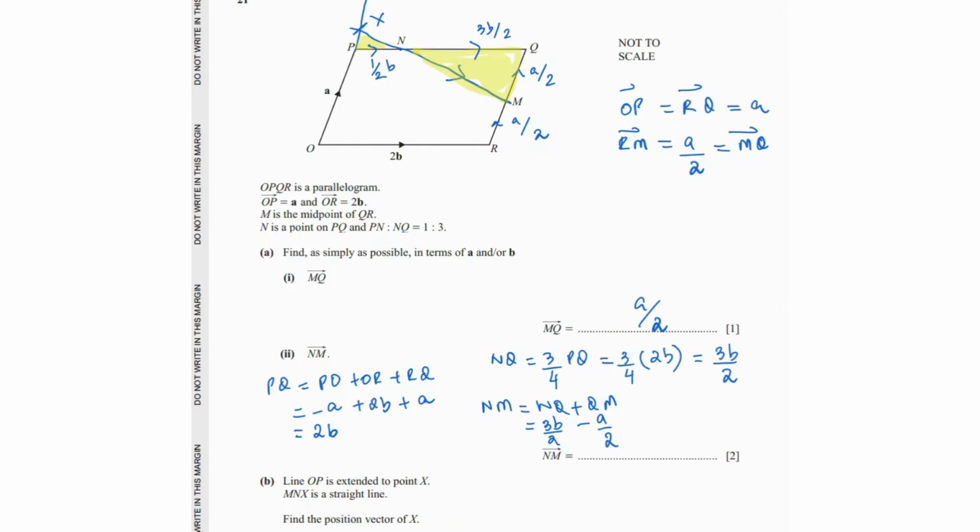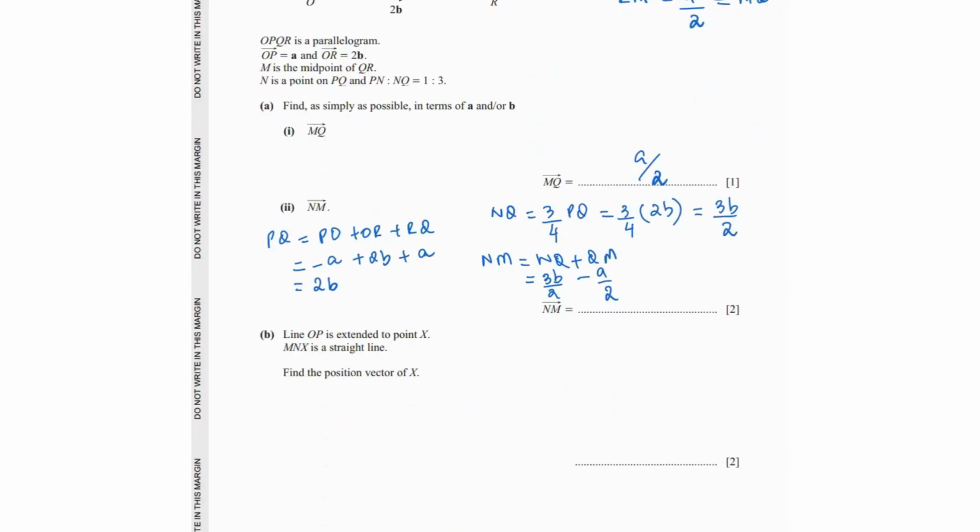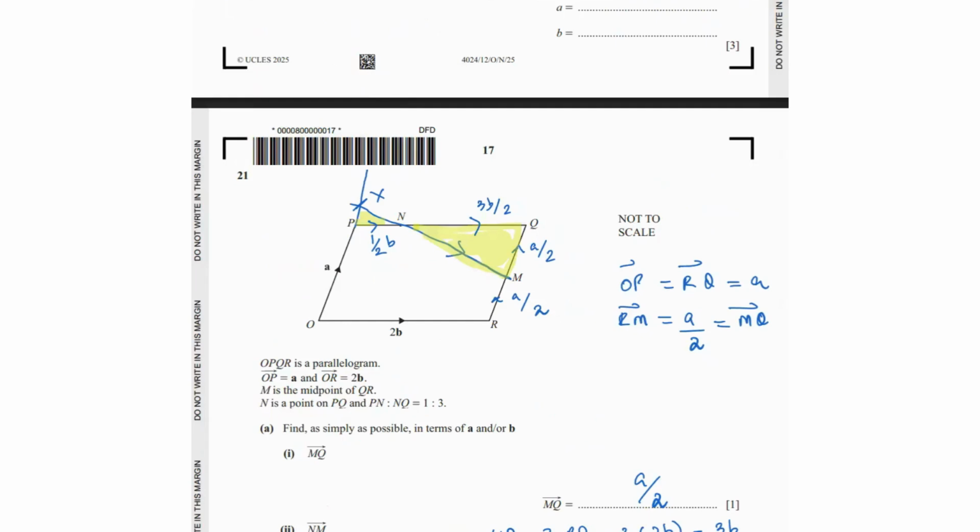So if they're similar, that means each length is enlarged by the same scale factor. So you can find the scale factor using PN and NQ. For the scale factor, we divide NQ by PN. So that's 3b over 2 divided by 1 over 2b. That's 3. That's your scale factor. PX is similar to QM.